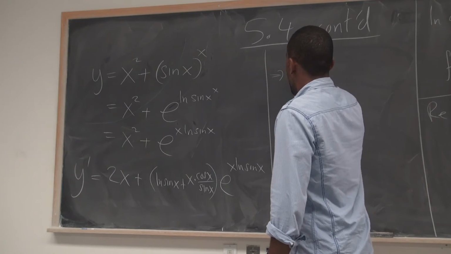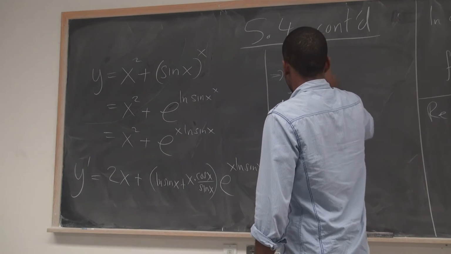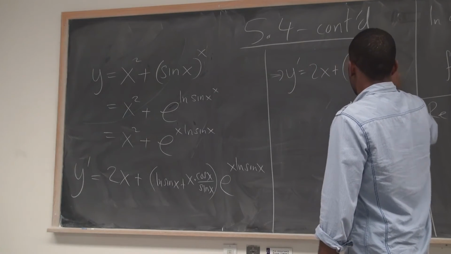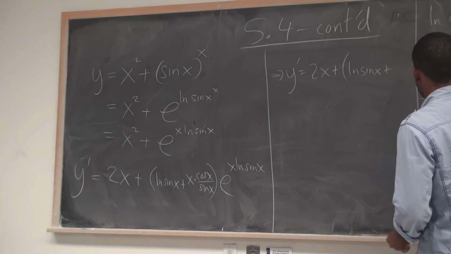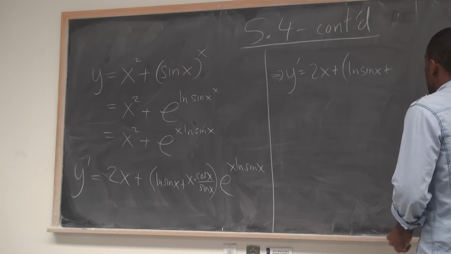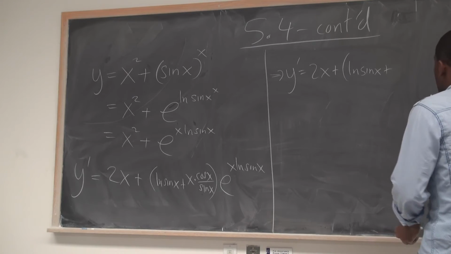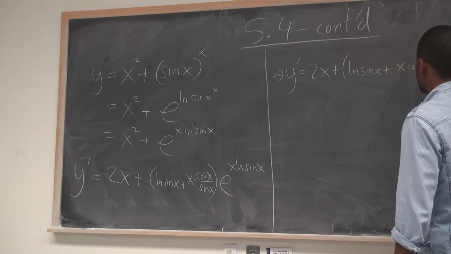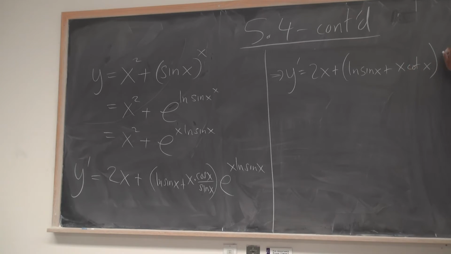So this means y prime is just 2x plus ln of sine x plus x cotangent x times the original function, which you'll see is the answer we got last time.